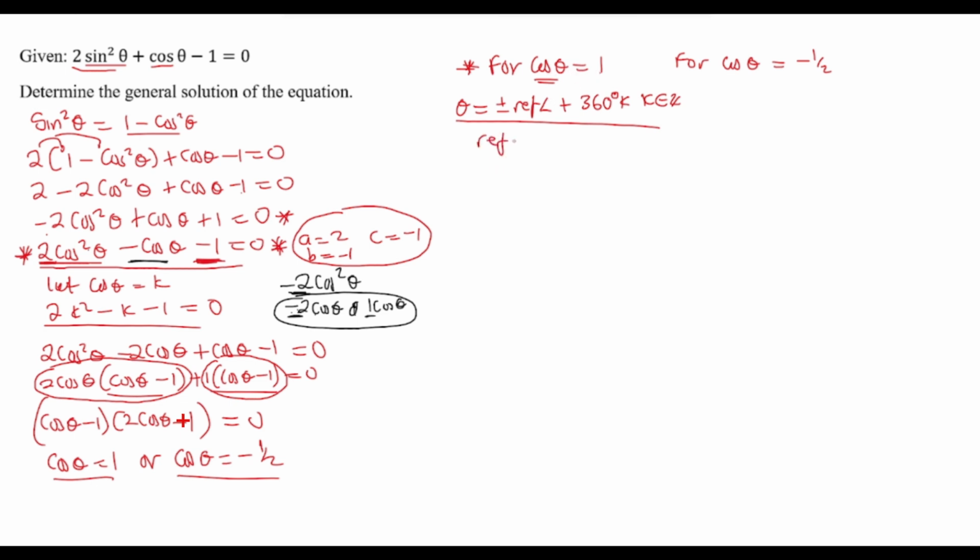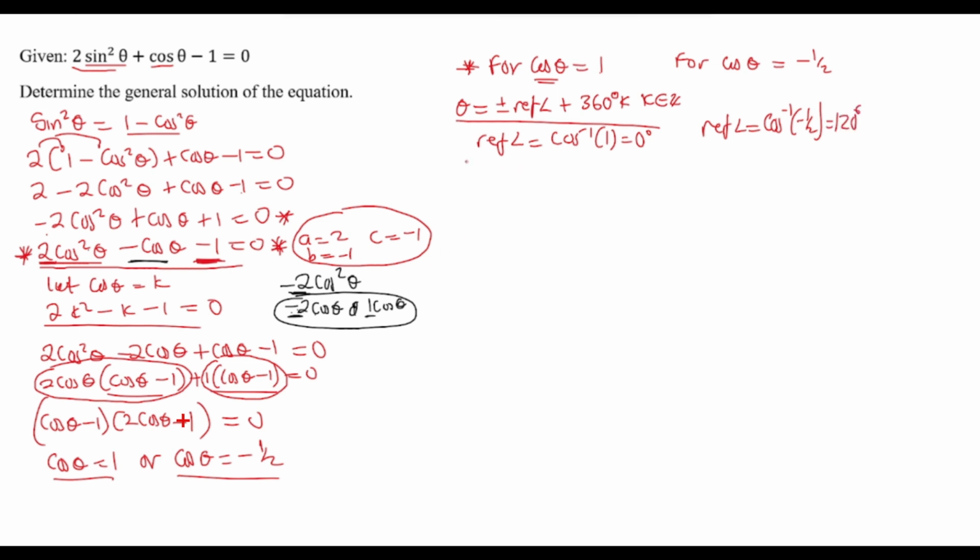Reference angle in this case is going to be arc cos 1, and then you're getting 0 degrees. That's the reference angle. And then for cos theta is equal to negative 1 over 2, reference angle is going to be arc cos negative 1 over 2, which is equal to 120 degrees.